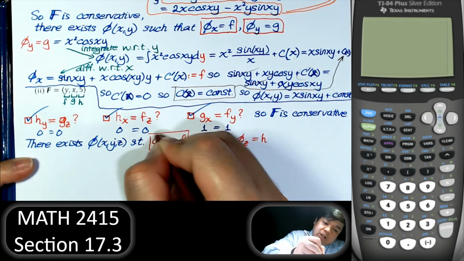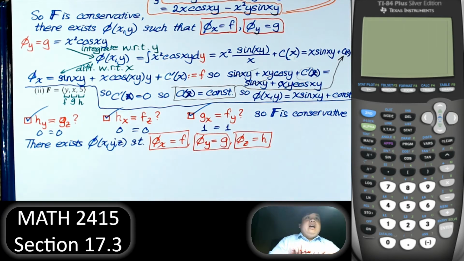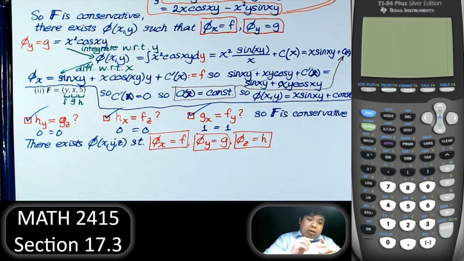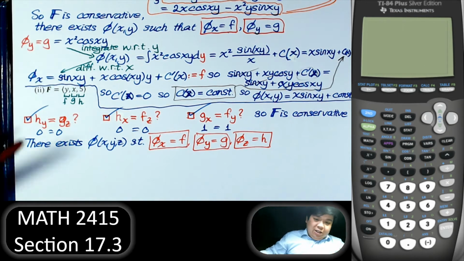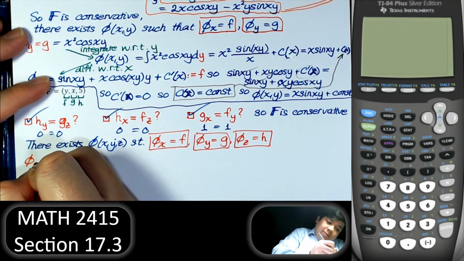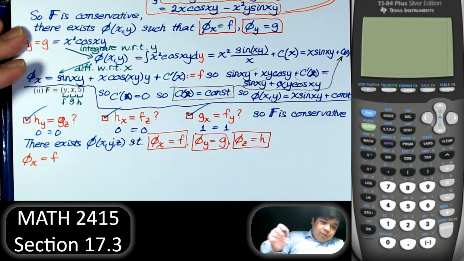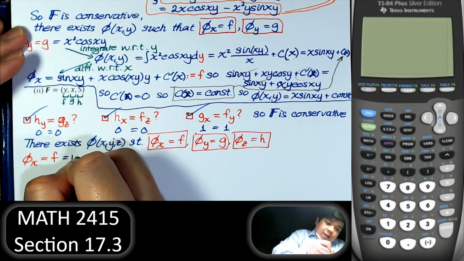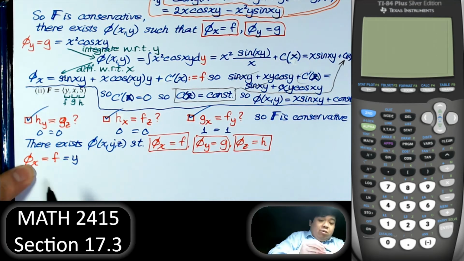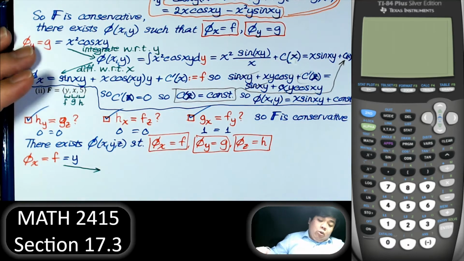Those three things. If it is conservative, those three things will work. So we start with this one. Actually, we can start with any of them, and then we will undo it. This derivative is with respect to x, so to undo it, we integrate with respect to x.